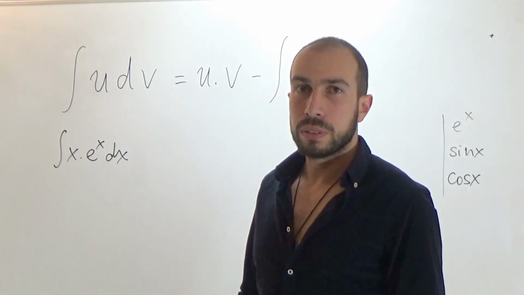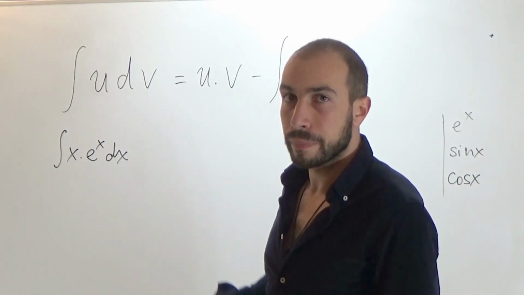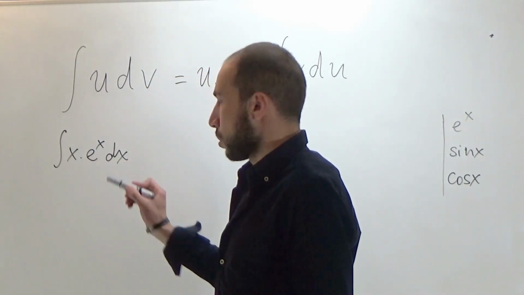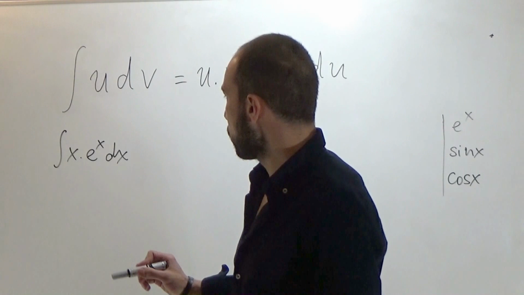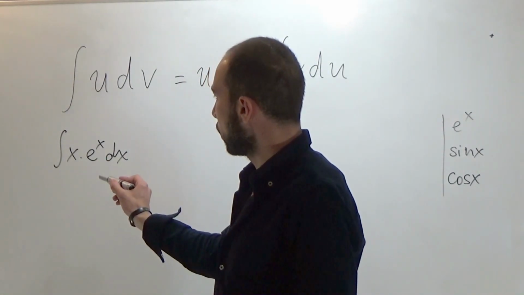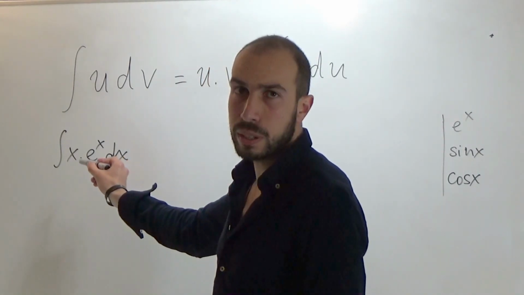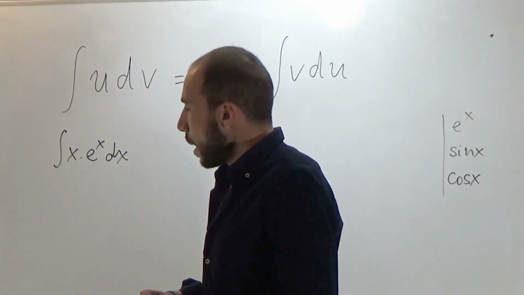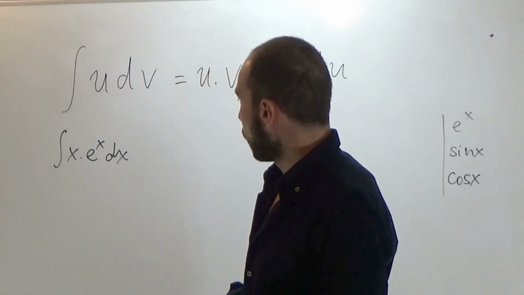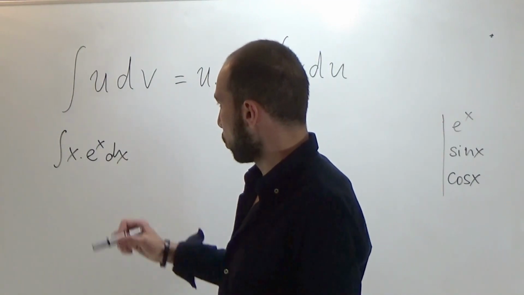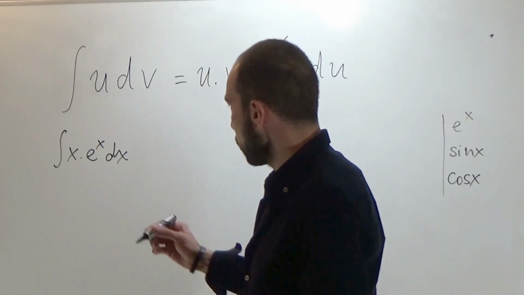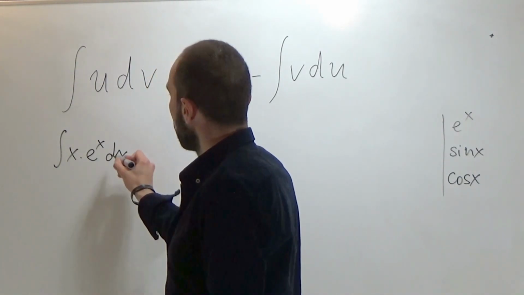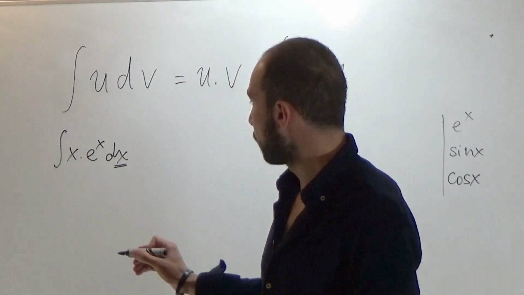Let's start with this example. We have two functions here. The first one is x, and the second one is the exponential function. We have to determine which one of these two functions to be placed here after the sign of the differential.